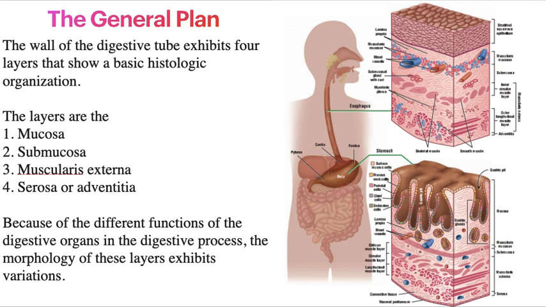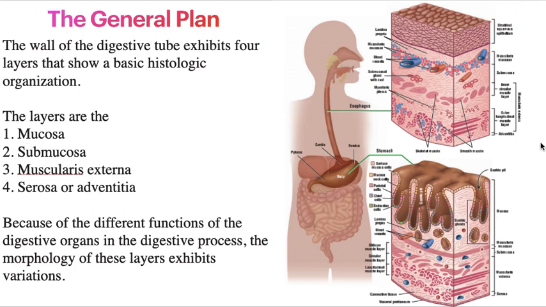These four layers are the mucosa, the innermost layer, the submucosa, the muscularis externa, and the serosa or the adventitia. Because the different organs function in different ways, the morphology of these layers exhibits variation, but the basic histological plan remains the same.